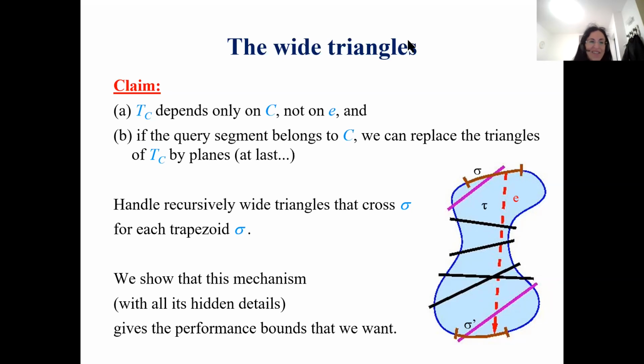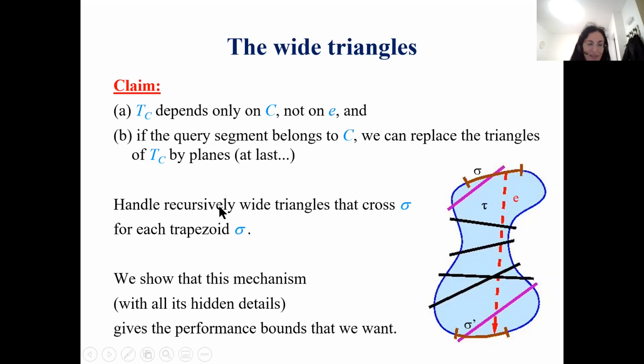Okay, so this is the base to handle those segments recursively, because we take those trapezoidal cells, and we refine the partition, and so we handle a subset of them in one step and the other subset in the following steps.